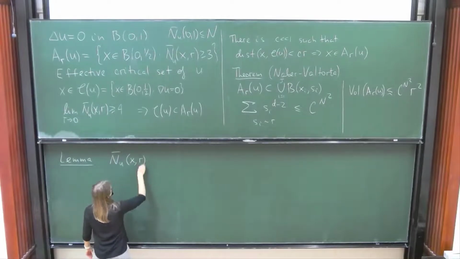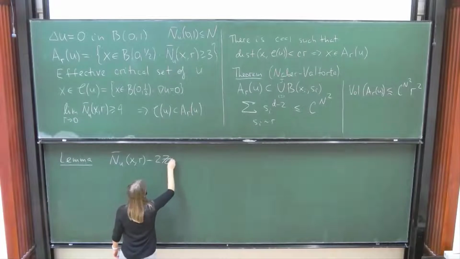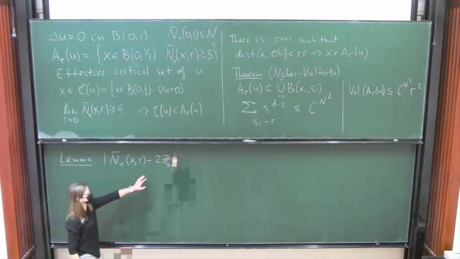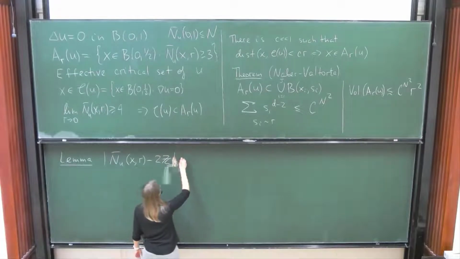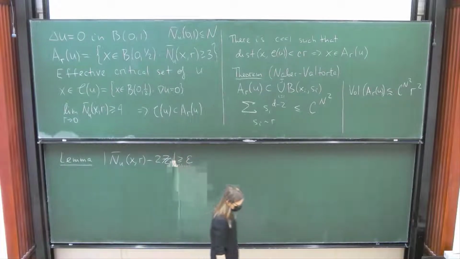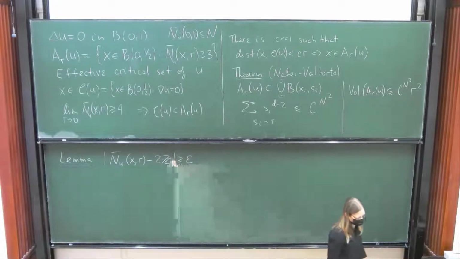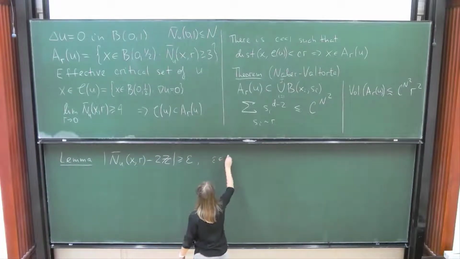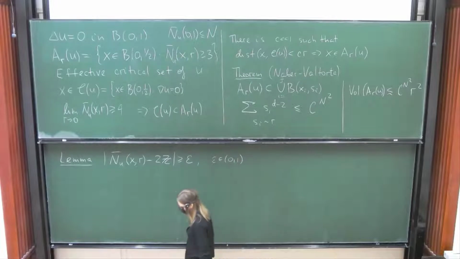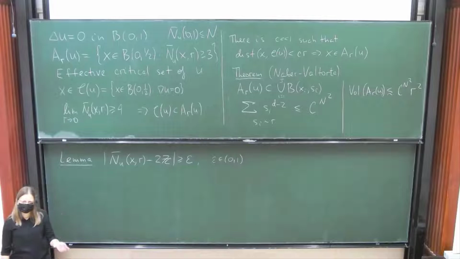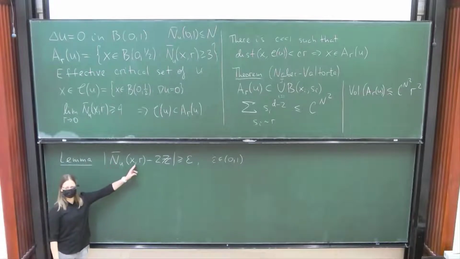Suppose that the distance between the frequency and 2 times integers is epsilon. Epsilon is something between 0 and 1. And I want to estimate the derivative of the frequency at this point.